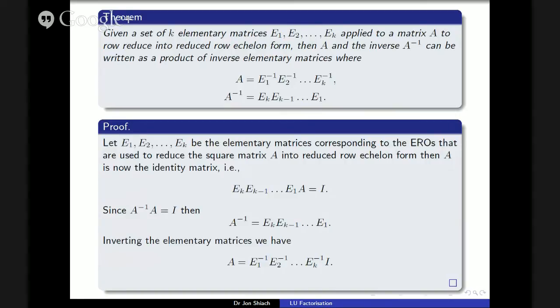So the inverse of A is calculated by the last row operation multiplied by the penultimate one, etc., right the way down to the first one.